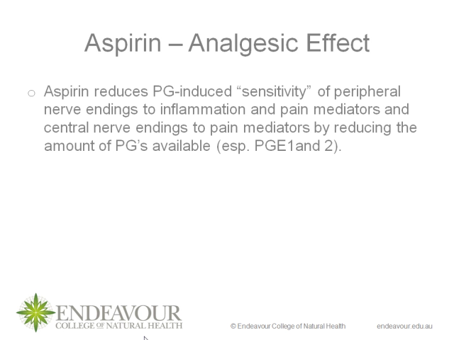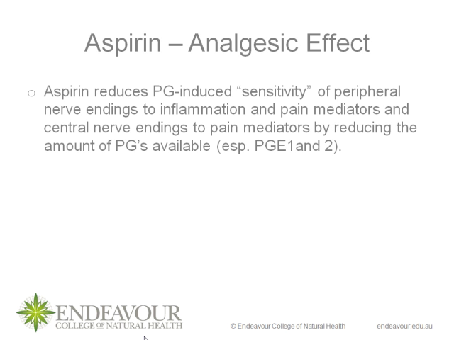Aspirin may also have central nervous system actions. Once again, central nerve endings are affected by prostaglandins, especially prostaglandin E1 and E2.